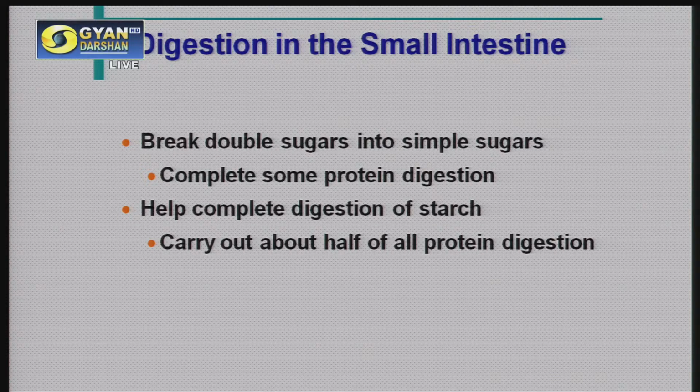Now digestion in the small intestine. This breaks the double sugars into simple sugars, completes some protein digestion, helps complete digestion of starch, and carries out about half of all protein digestion. So basically our macromolecules are carbohydrates, proteins, and fats.